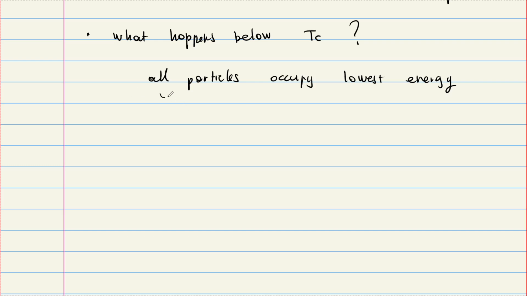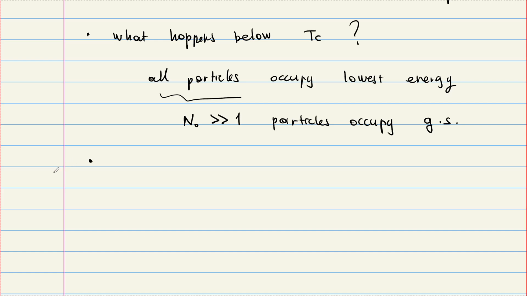Or more precisely, N0 much bigger than 1 particles. So the number of particles in the 0 state, I'm going to call N0, and a large number of these occupy the ground state. Okay, let me skip that because I want to do something else.